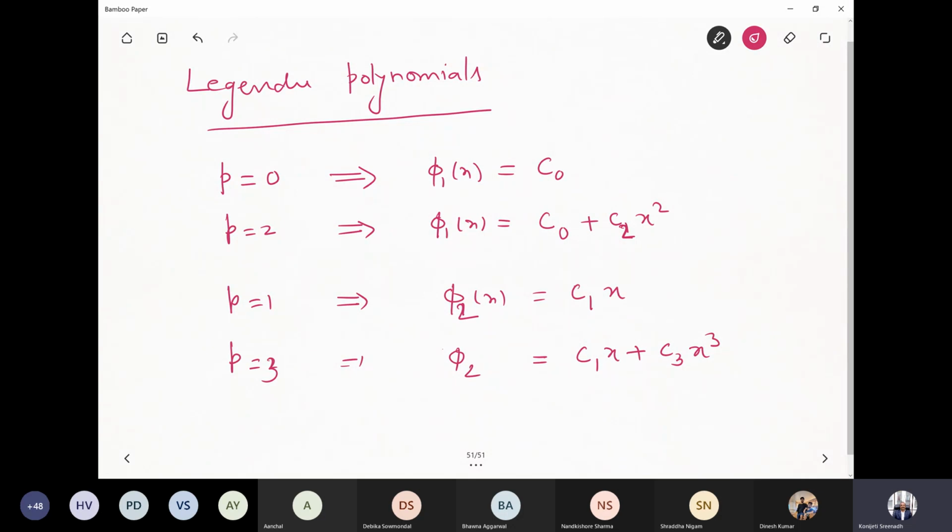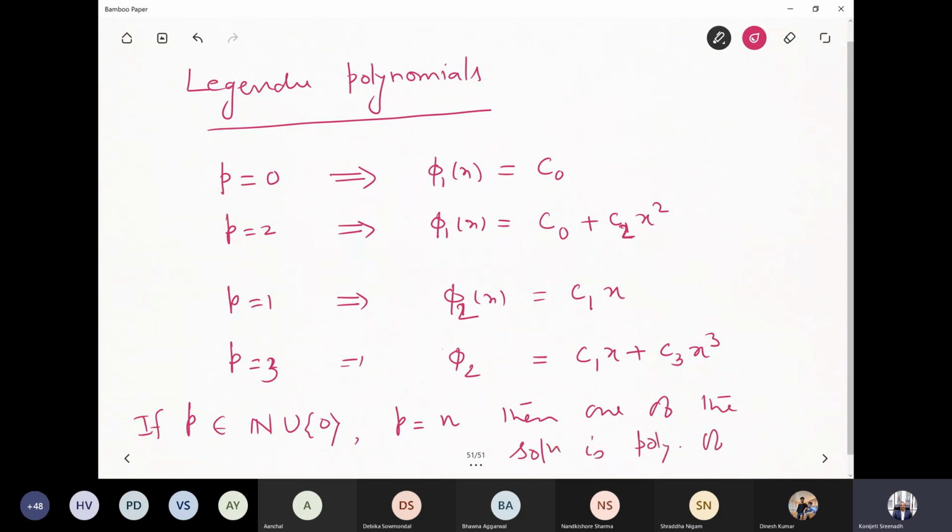So what we are seeing here is that if p equals n, then one of the solutions is a polynomial of order n.